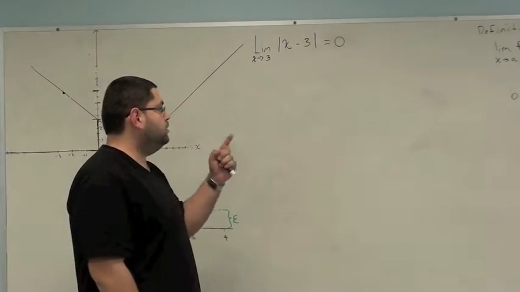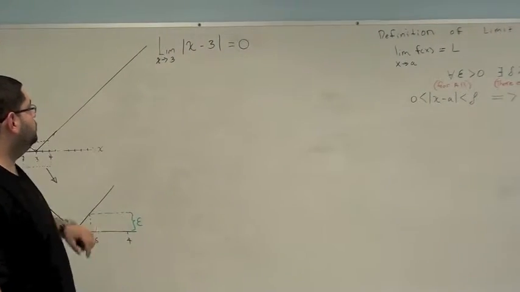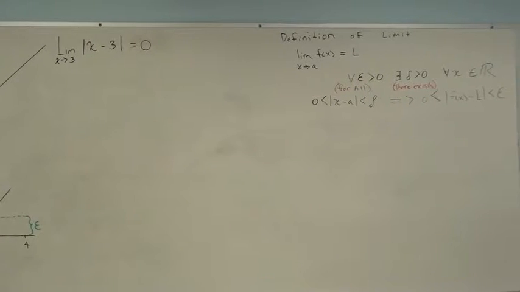Now I'm going to use the definition of the limit to prove that the limit when x goes to 3 of the absolute value of x minus 3 is equal to 0.